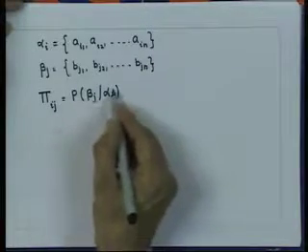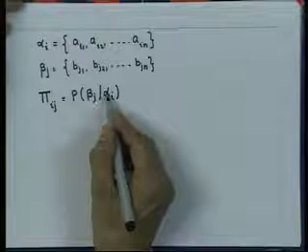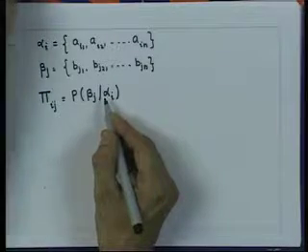This probability consists of the product of the corresponding elementary symbol probabilities.